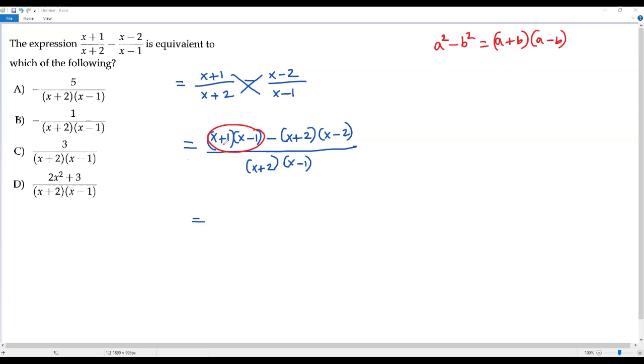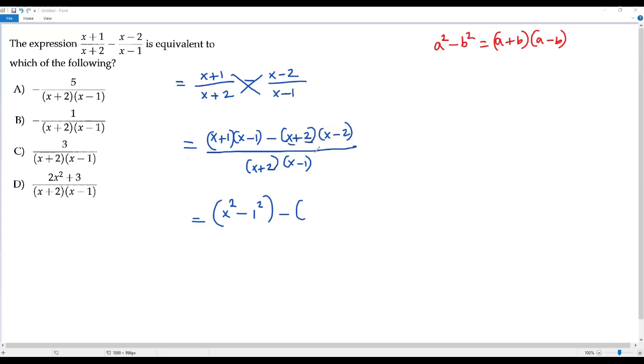So when I look at the product of these two binomials, (x + 1) and (x − 1), it is exactly in this form, because whatever terms we have in the first binomial, we have the same terms in the second, with positive in the first and negative in the second. Since it is in the form (a + b)(a − b), it can be written as a² − b². Instead of a we have x, and for b we have 1, so we replace a with x² and b² with 1². Now let me take this negative sign as it is. The same thing we can do for this one, because the terms are the same in both binomials, and one contains positive and the other negative.